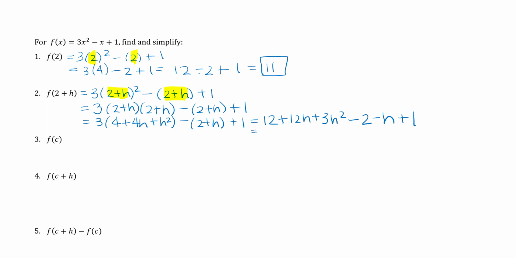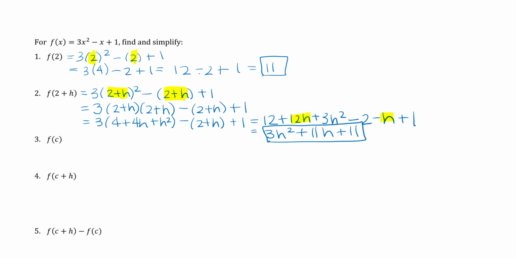So the highest power term is 3h squared. That's the only squared term. I have a couple of terms here, 12h and a minus h, that I can go ahead and combine. So that makes plus 11h. And then it looks like I have 3 constant terms here, 12 minus 2 plus 1. So I'll get plus 11. So there's the simplified version.